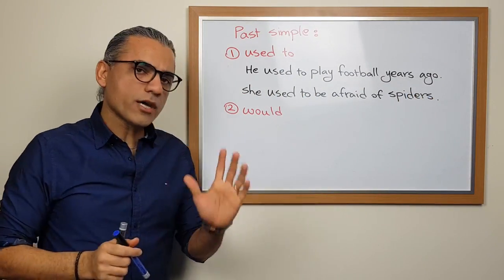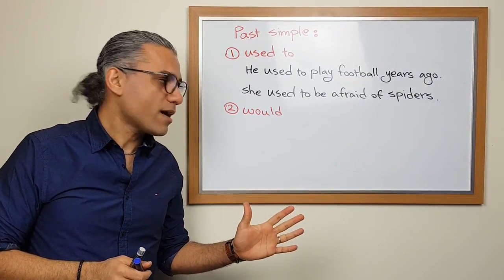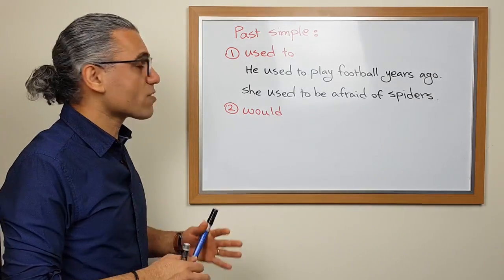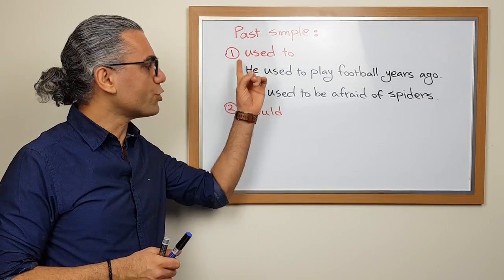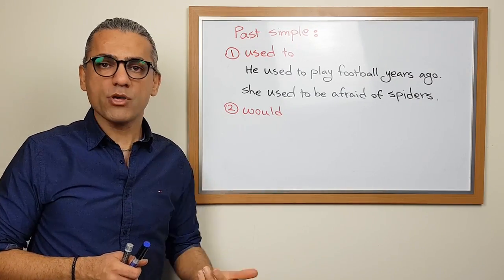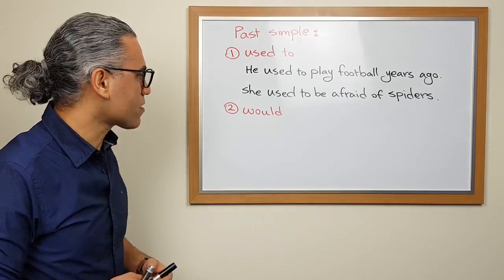Now, we are going to write the very same examples with would and see if they are the same or not, because there is a big difference between used to and would when you are describing habitual actions or habits in the past.